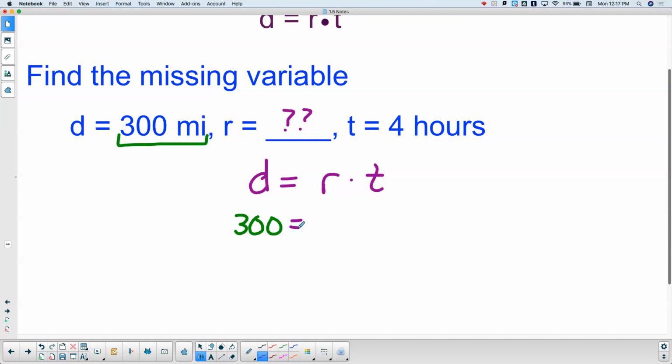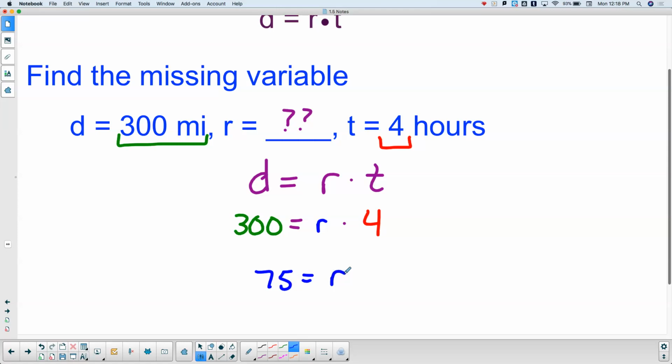I don't know what R is, so I'm going to leave that as R. And T is 4. I need to solve for R, so I've got 300 equals R times 4. If I divide both sides by 4, I get 75 is equal to R.